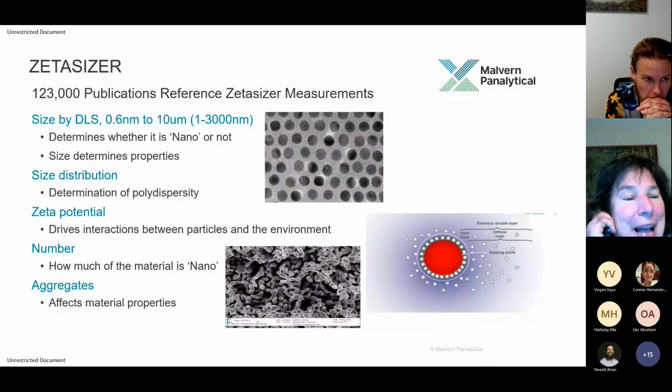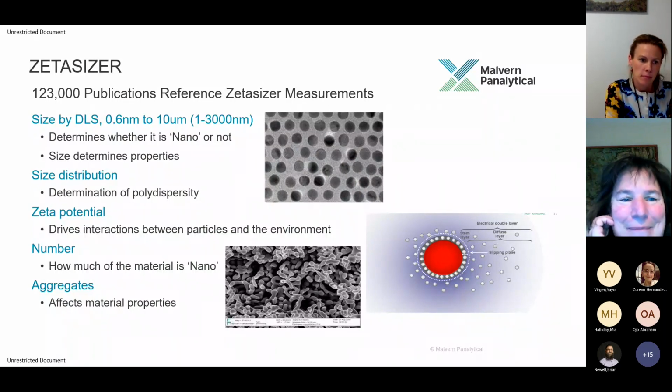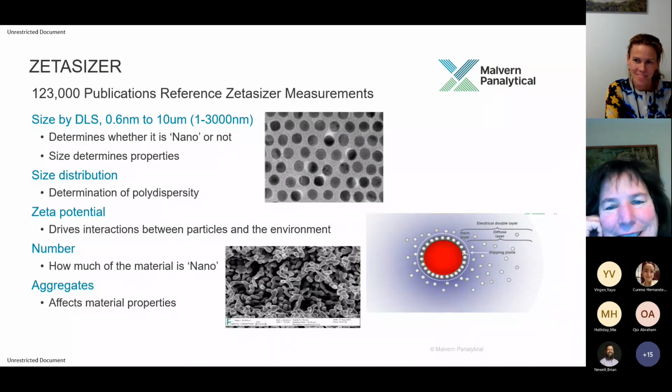I know you have a Zetasizer, so you are definitely some of the people that increase the publications that reference Zetasizer measurements, right? There's currently about 123,000 peer-reviewed publications that reference Zetasizer measurements.